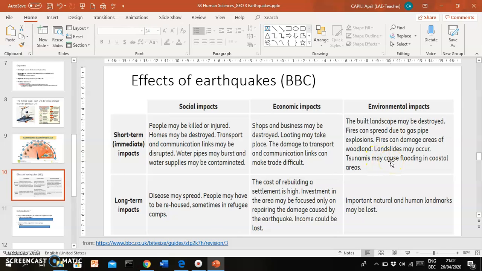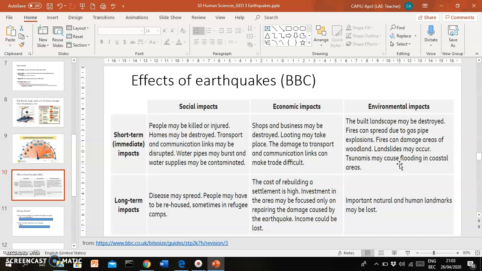Environmental impact. So the built landscape, we're talking about man-made things like buildings, may be destroyed. There could be fires because of gas leaks, explosions. If you're talking about more mountainous areas, then there could be landslides, and tsunamis can happen and can hit coastal places.